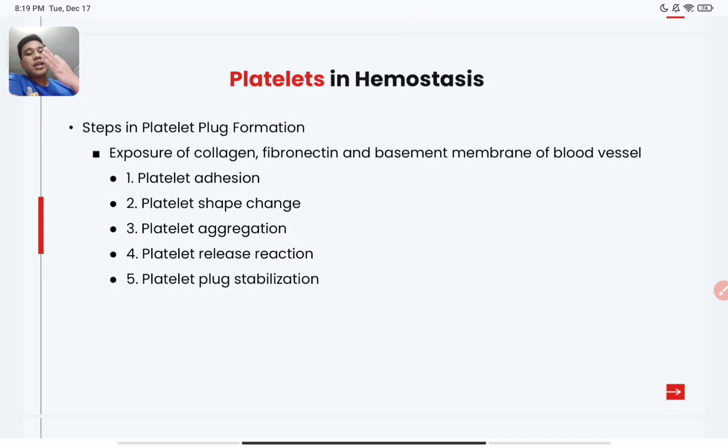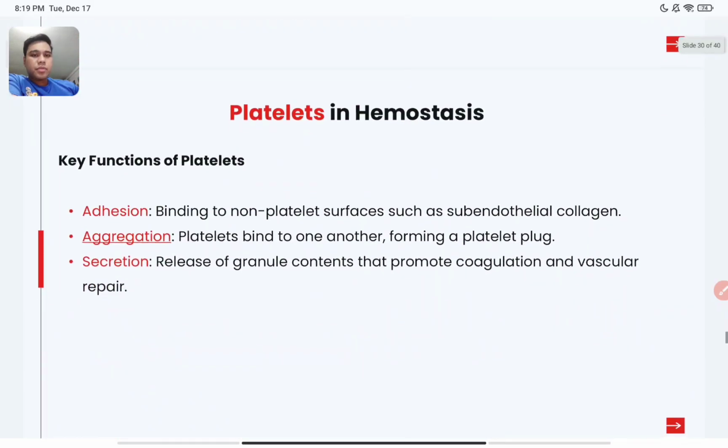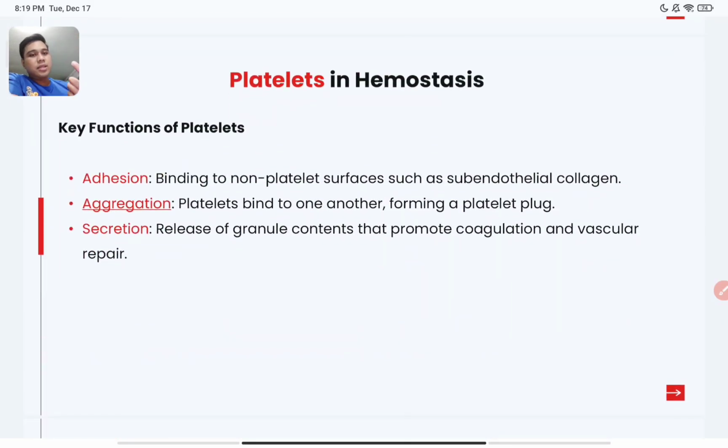And then after aggregation, there's a release reaction by which yung mga granules are released in order to further activate other platelets and to further activate the coagulation cascade. And then once na-activate sa coagulation cascade, meron ka na ngayon platelet plug stabilization.